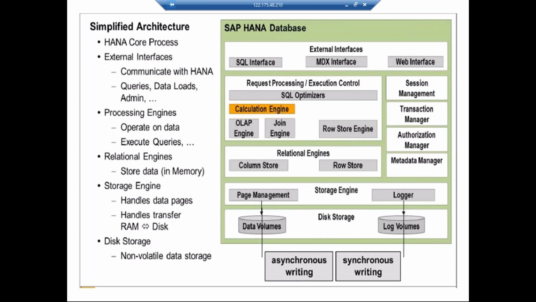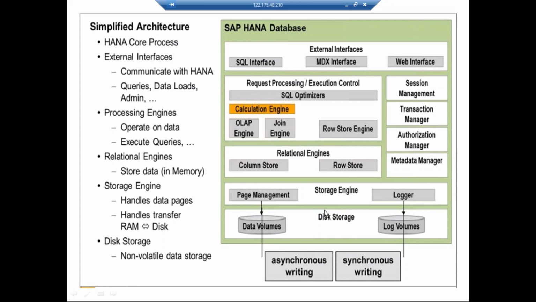To keep the data safe, they also store the data in the disk, which we call persistent storage. That persistent storage is nothing but storage of the data on the disk. That's what is given at the bottom of the screen. Here you can see the disk storage.